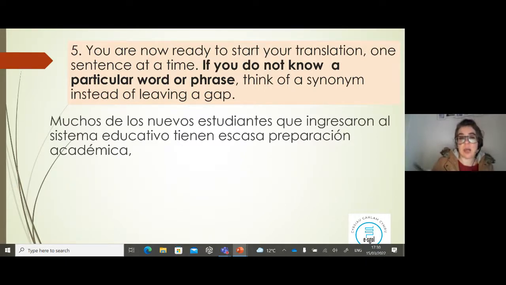So can you try to translate this sentence following the text? I'm going to leave one minute before I put the answers out.